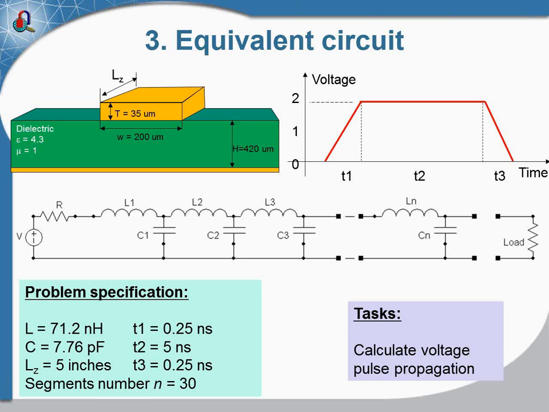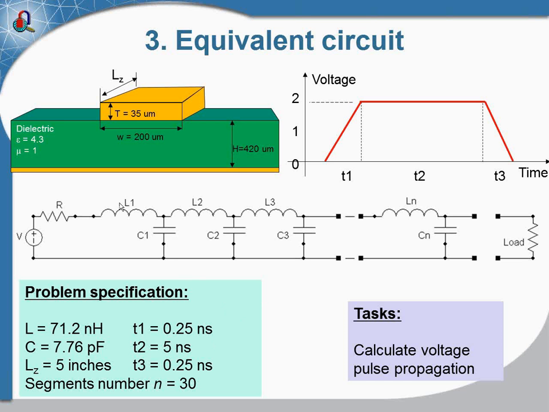To simulate the pulse propagation, we construct the electric circuit that contains a number of LC chains connected in series. The number of chains depends on the pulse time parameters and the time delay of the transmission line itself.